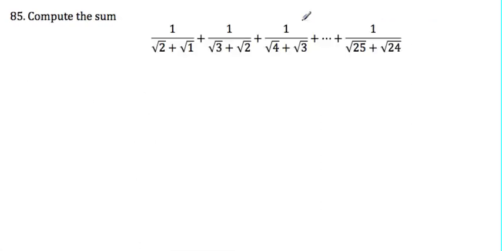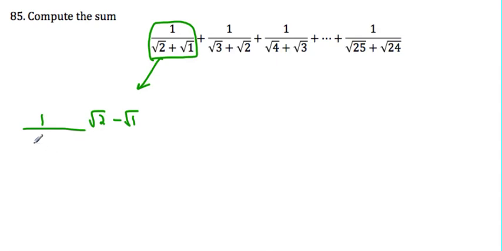Number 85. Let's try to calculate this one. Well, it's very complicated. What we can do is look at the first one just to see what's going on here. To rationalize the denominator, we can multiply by its conjugate. So we end up getting radical 2 minus radical 1, multiplying top and bottom by radical 2 plus radical 1.